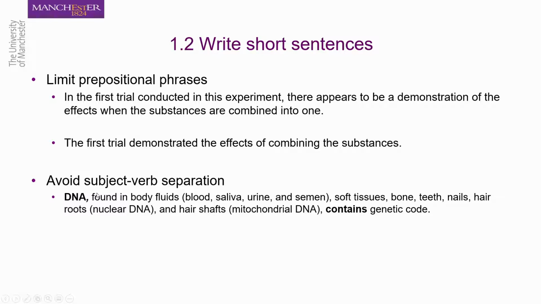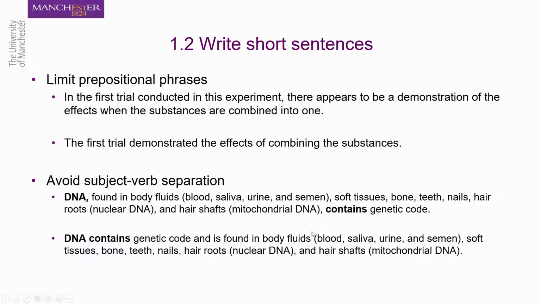But then the author inserted a long sentence of information to explain what DNA is, where DNA can be found, which is fair enough. But you don't want to break the main sentence, and it would read better if you write: DNA contains genetic code and is found in body fluids and soft tissues and all the other stuff, right? So that's for writing short sentences.